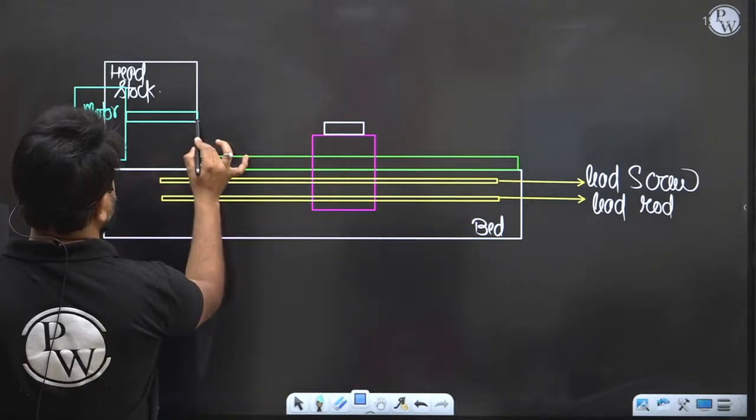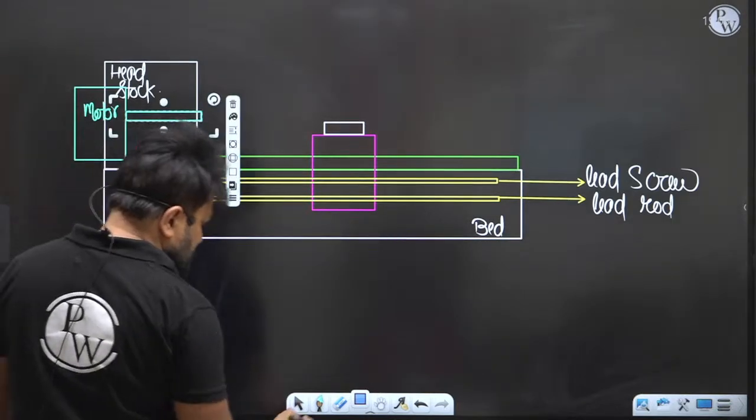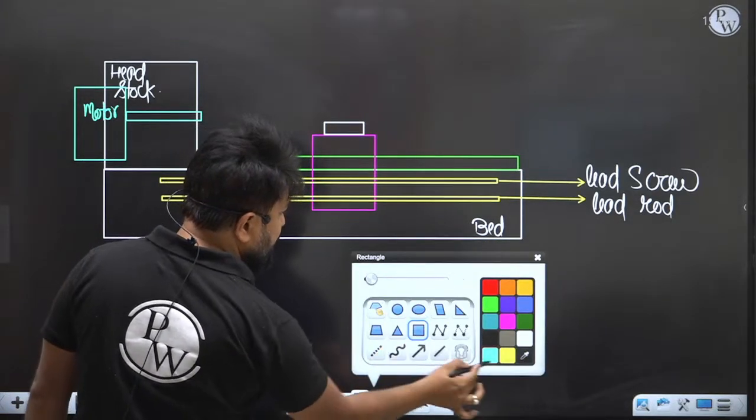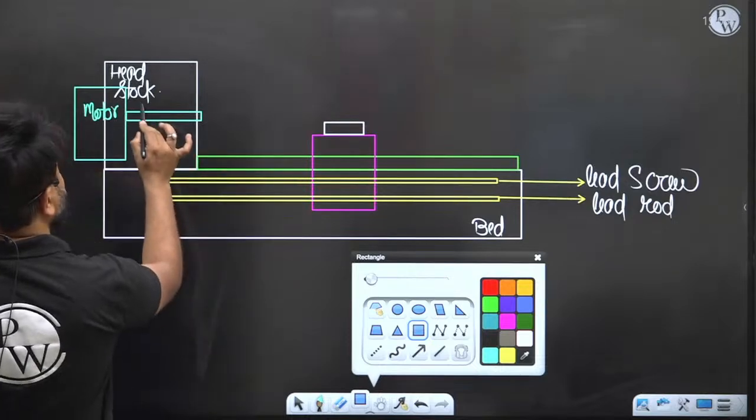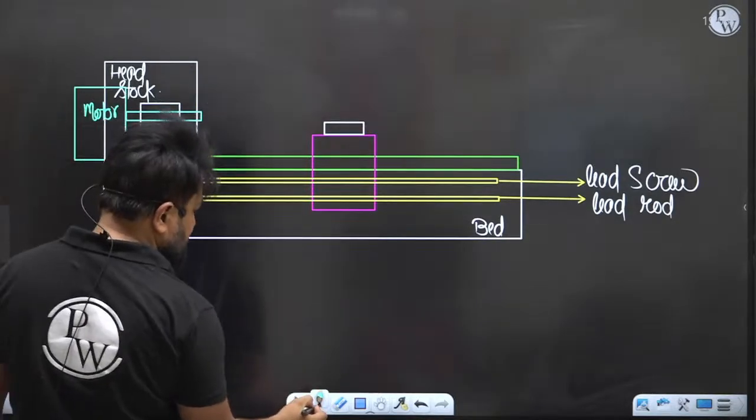This is a spindle, and in between the spindle and motor there will be a gearbox also, right?